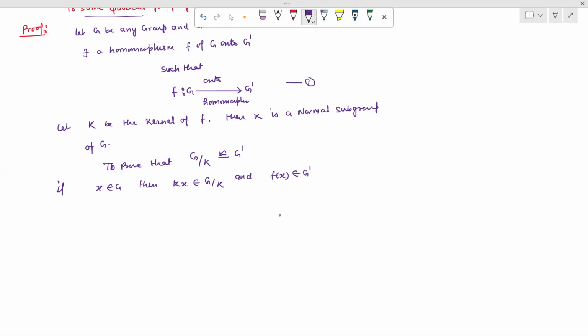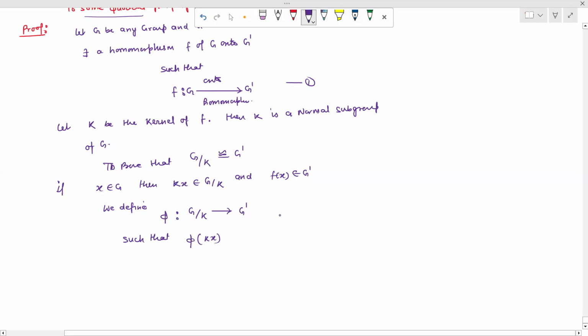So we define a function phi from G over K to G dash such that phi of Kx is equal to f(x) for every x belonging to G. So this is our equation number 2. Because f(x) belongs to G dash.